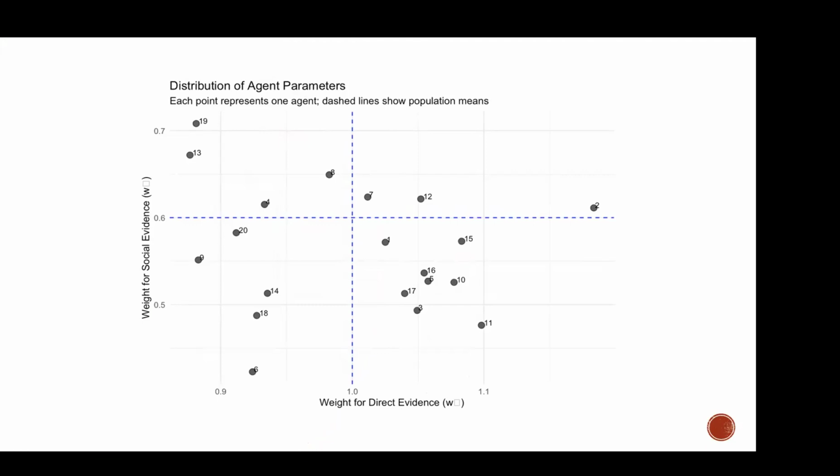I plot them. They're nicely distributed on the space in terms of weights. So I take the rho and the kappa and I generate the weights, and then I plot on the x-axis the weight for direct evidence, on the y-axis the weight for social evidence, and we can see that they're nicely spread out.